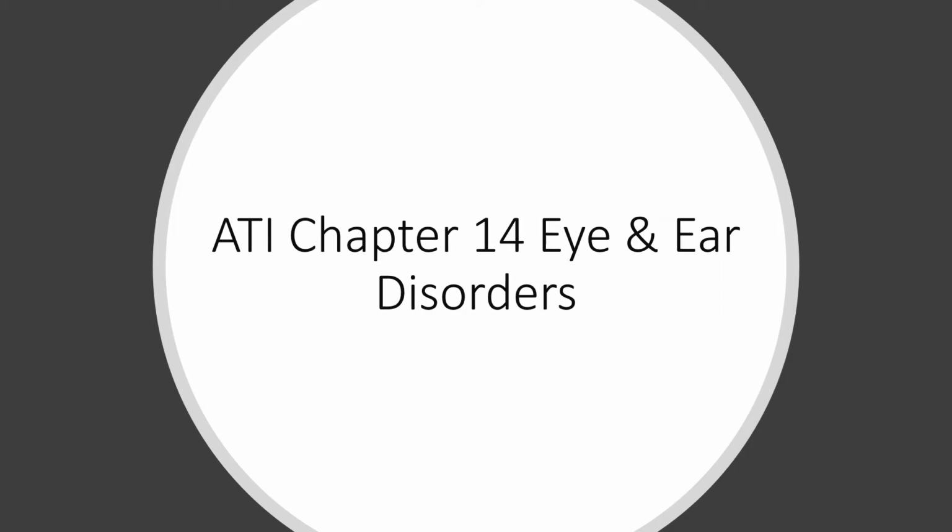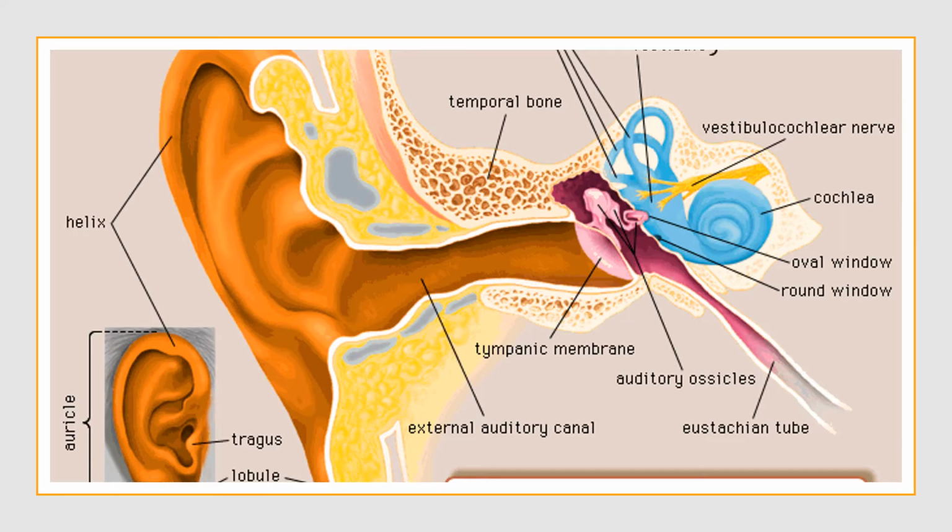Okay, so let's move on to some ear disorders. We'll talk a bit about outer ear infections, middle ear infections, and some of the treatments that we use for them. Okay, so this is a diagram of the ear anatomy.